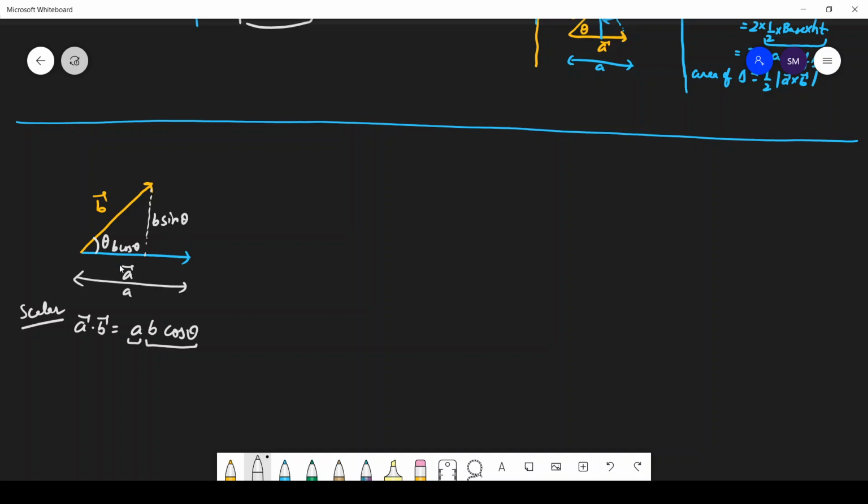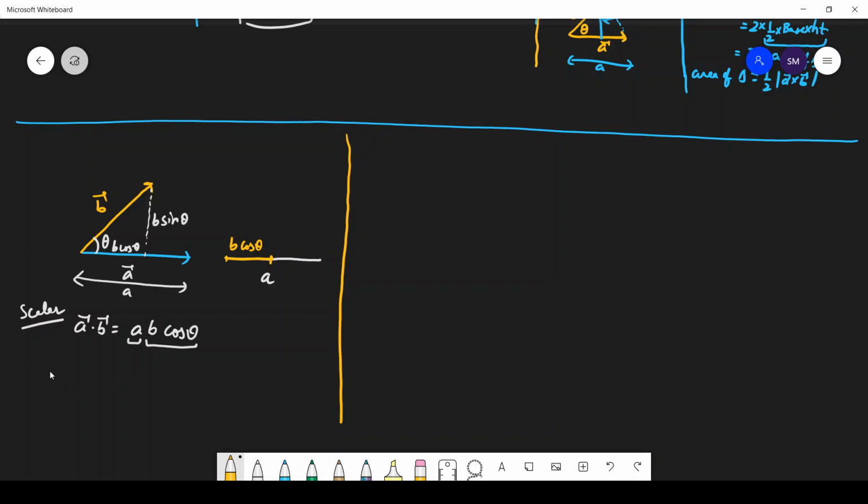We are considering only B cos theta. So this is your length A, and you are multiplying this length with this length, that is B cos theta. Multiplying these two lengths, you get the scalar product. So that's the interpretation of this.